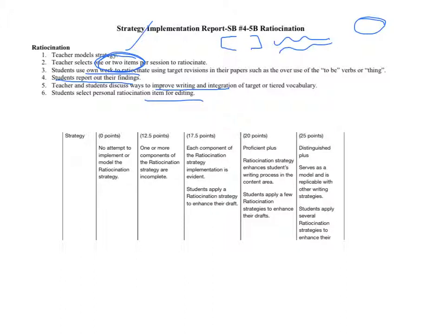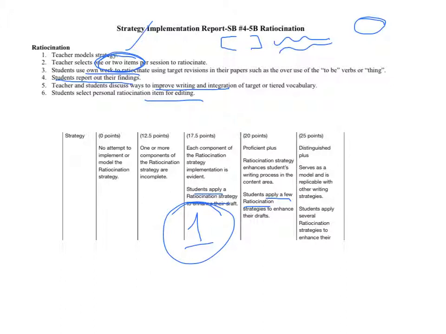So what I would say for your rubric here is that students here, they apply the strategy. This is one type of ratiocination. So are you specifically focusing on vocabulary? Are you focusing on transitional words? Are you focusing on the verb to be? You pick one for this. Apply a few.